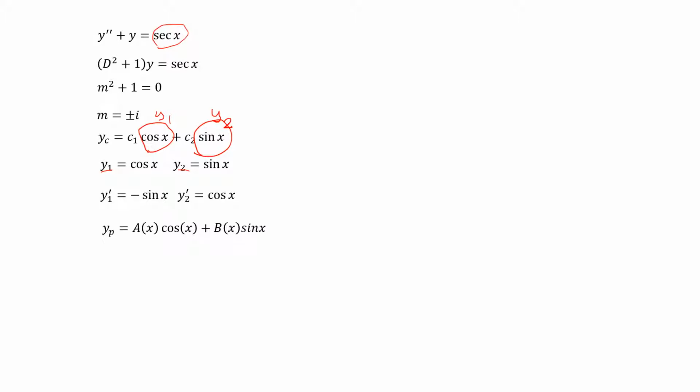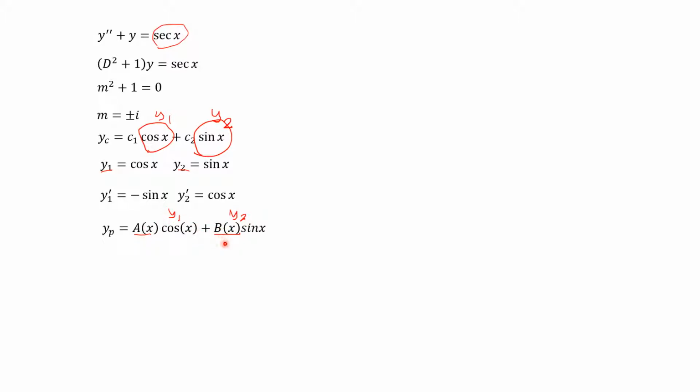Now notice that these a and b are functions of x, and remember this is your y1 and this is your y2. So basically your y particular is ay1 plus by2, where a and b are what?